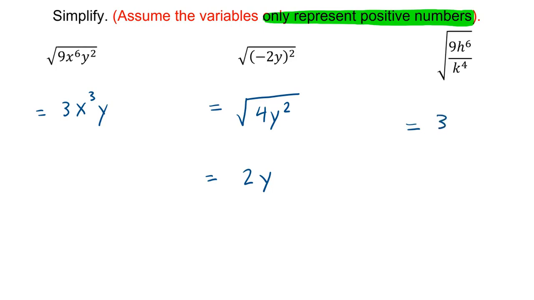The square root of h to the 6th in the numerator is h to the 3rd. And the square root of k to the 4th in the denominator is k squared. So the fraction, when we multiply it times itself, that gives us the 9h to the 6th over k to the 4th is 3h to the 3rd over k squared. And again, no absolute value bars are needed because of our instructions.